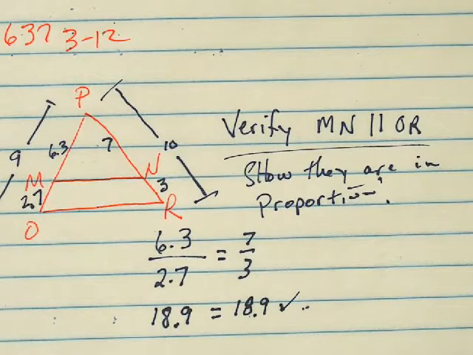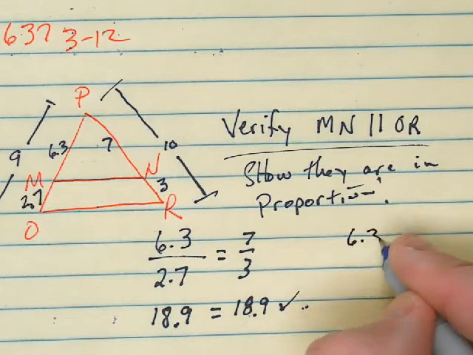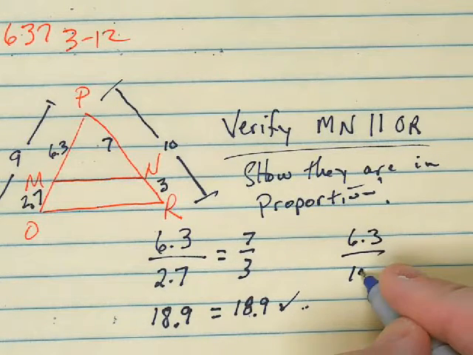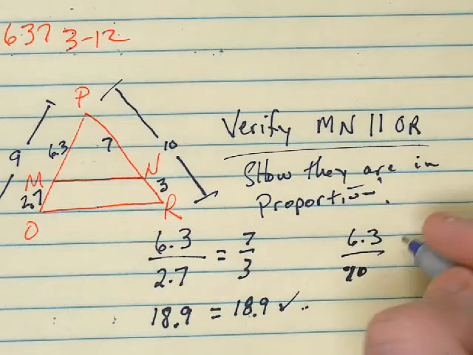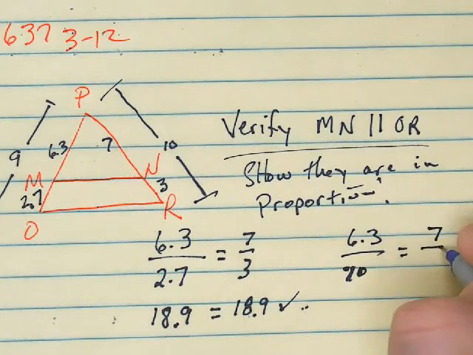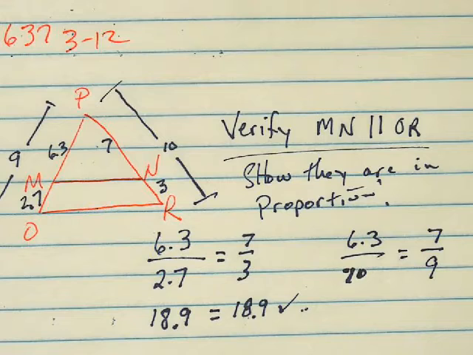Is that the only way to do it? No. Let's take a look at a couple others that would also work. Okay, watch this. What about 6.3 to 10 and 7 to 9?